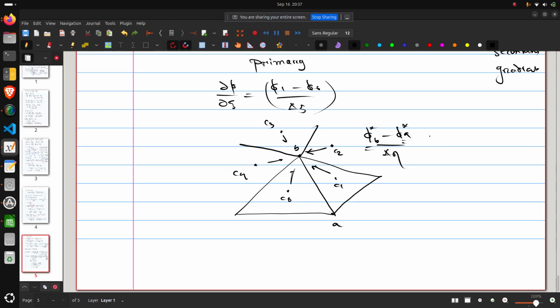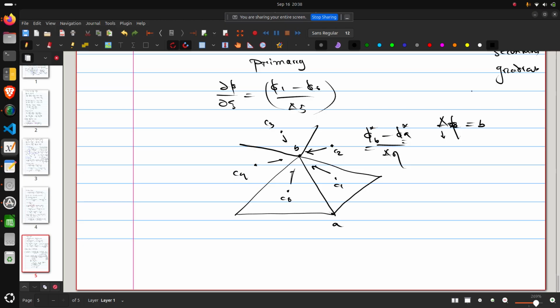So the secondary gradient does not come into the coefficient matrix. For example, if we have something like A phi equal to b, where A is the coefficient matrix and phi is the variable vector and b is the constants or the known values. So this secondary gradient will come into b.